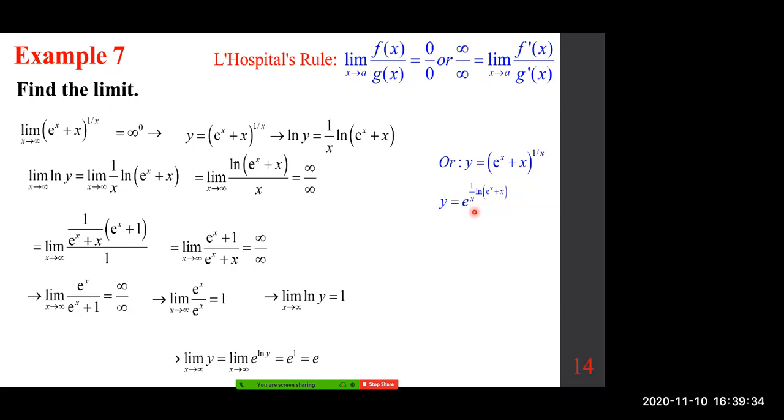That comes from this property that e to the power of ln x is x. That's really the property that is being used here, okay, class? This is the property that is being used here.